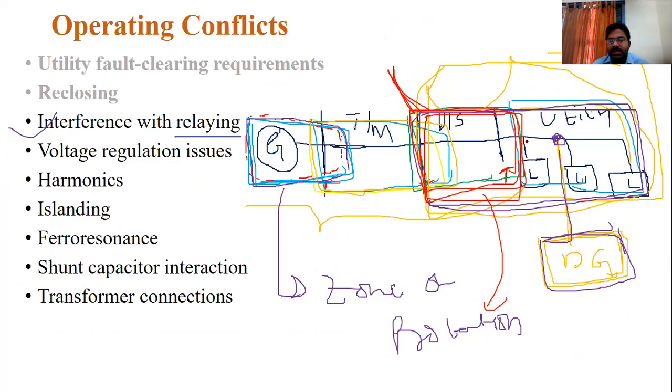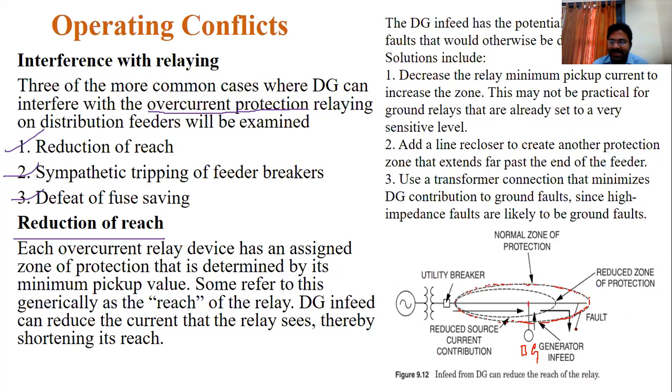Now see this. In this covered area, any type of fault that occurs is sensed by the different types of relays, which give commands to the circuit breaker. Remember this point carefully: once we add these DGs to this feeder, what will happen here?